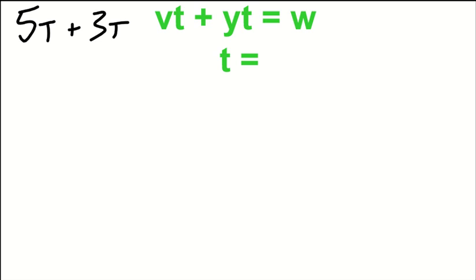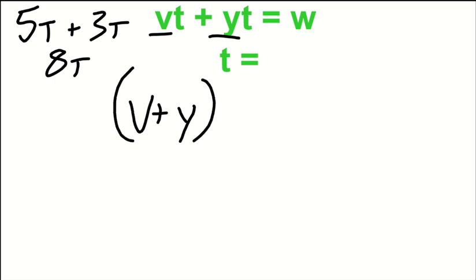And then we just have 8t, 1t, right? So if I add the coefficients, v plus y, I'm going to put that in parentheses because we got to do the addition. And then I got 1t, don't I? Everybody see how it worked? So when we got two of them like that, that's what we can do, okay?